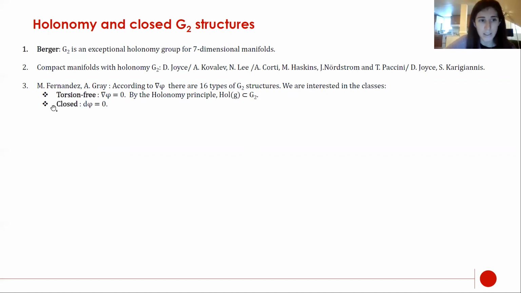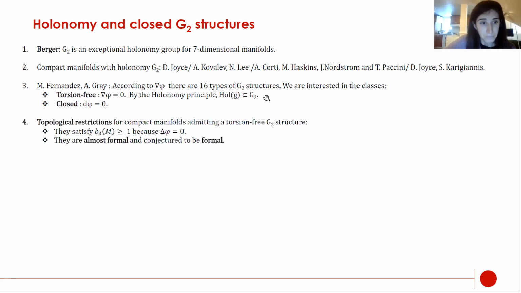The first one is closed G2 structures, in which the three-form is closed, and torsion-free G2 structures are those in which the three-form is parallel, and this implies that the holonomy of the metric is contained in G2 by the holonomy principle.